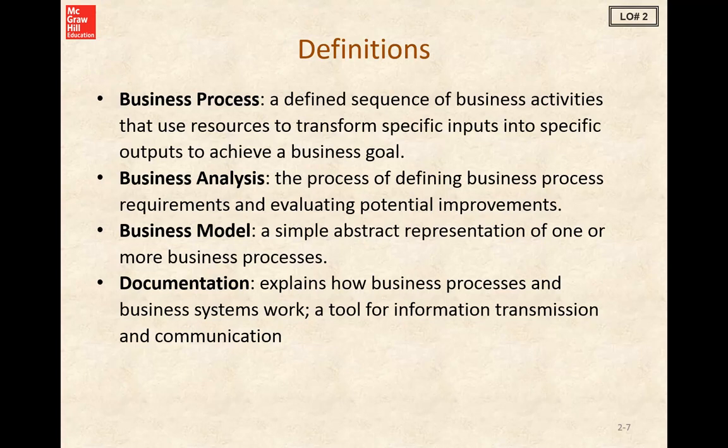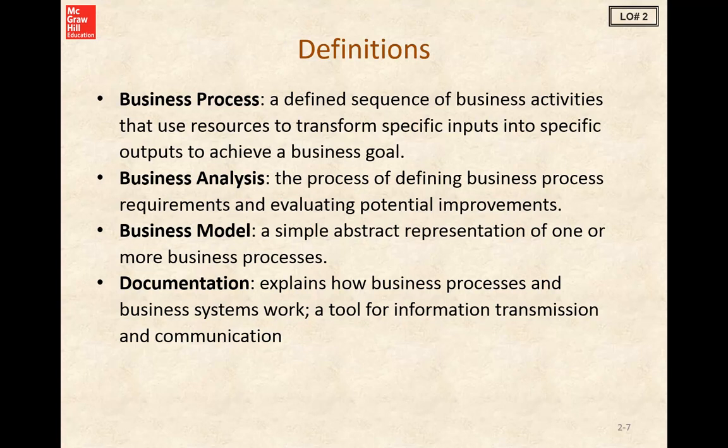Before we dive into how business analysis and process modeling can support an accountant's understanding, let's start out with some basic definitions. We're going to start out with a business process, which is defined as a sequence of business activities that use resources to transform specific inputs into specific outputs to achieve a business goal.